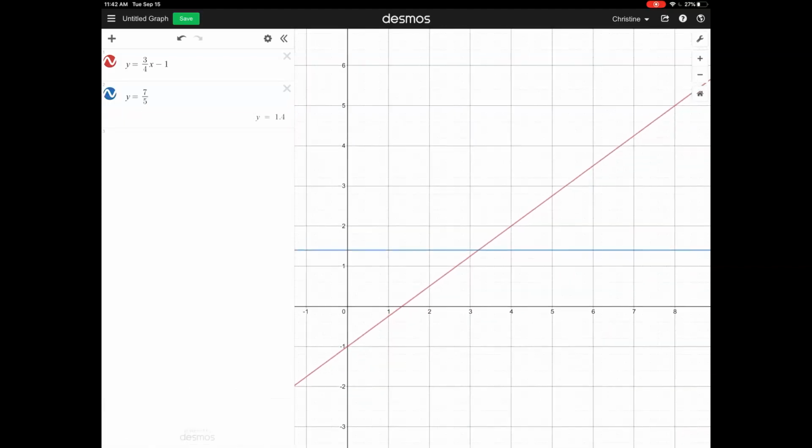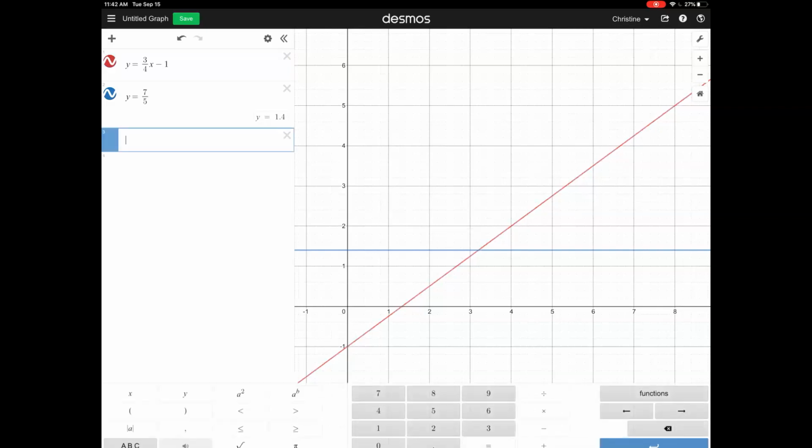All right. And so what I'm looking for is, where do those intersect? So all you have to do on Desmos is mouse over the intersection and get that point right there. So the point for the intersection is (3.2, 1.4). Well, if we plug in a 3.2, we get out a 1.4. We're interested in the x value, 3.2.